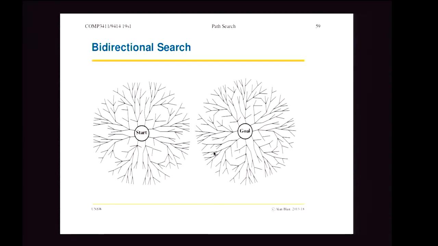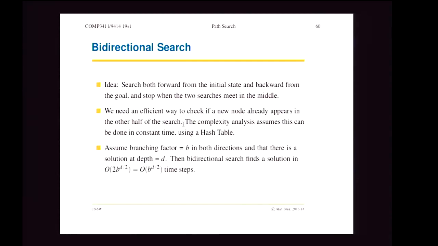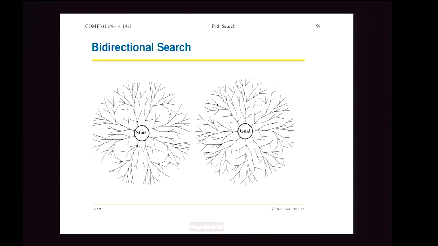The other thing is, for those of you who know about data structures, every time you generate a node here, you have to have a fast way of checking whether it's the same as one of these nodes. So if you use a hash table with a good hashing function and so on, you should be able to look that up in constant time.